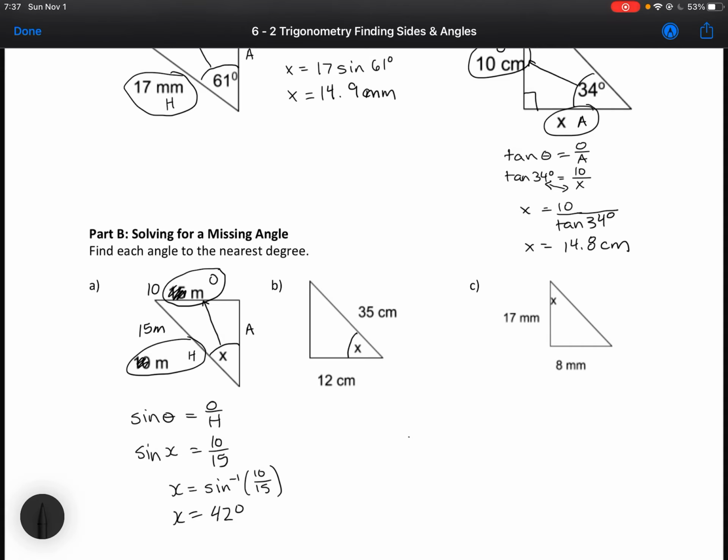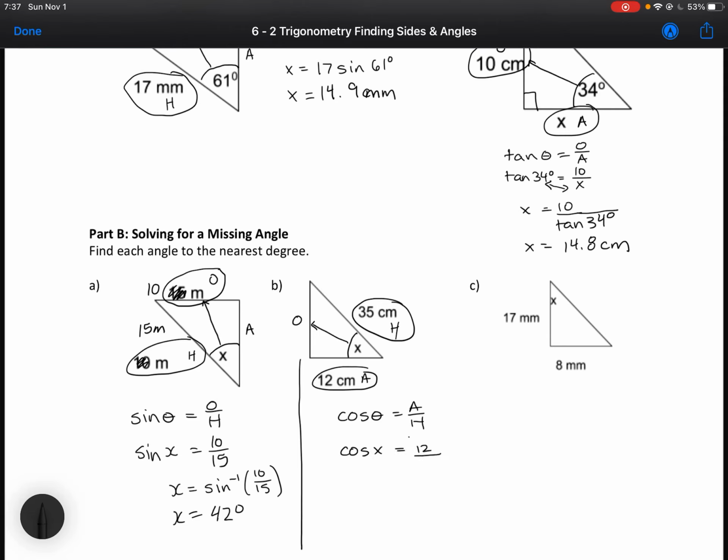Let's do another example here. Starting the same way with our angle and identifying our sides, our opposite, our adjacent, and our hypotenuse. So we need a trig ratio that uses our adjacent and our hypotenuse. That would be our cos ratio. So cos theta equals adjacent over hypotenuse. And now we're going to substitute in what we know.